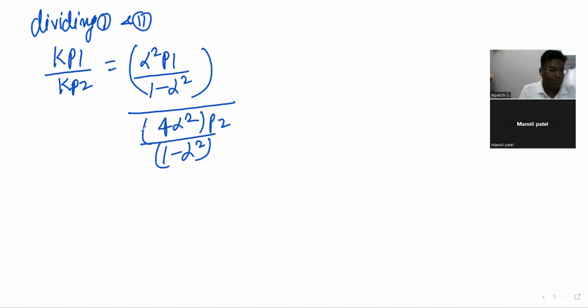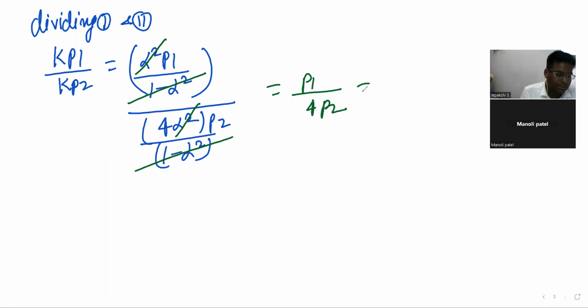Here this alpha square will get cancelled with this. So remaining is P1 by 4 times of P2, which is equal to Kp1 divided by Kp2.